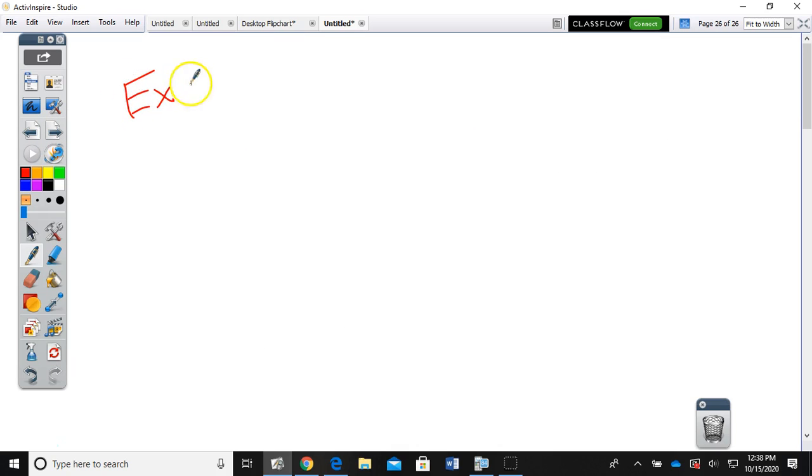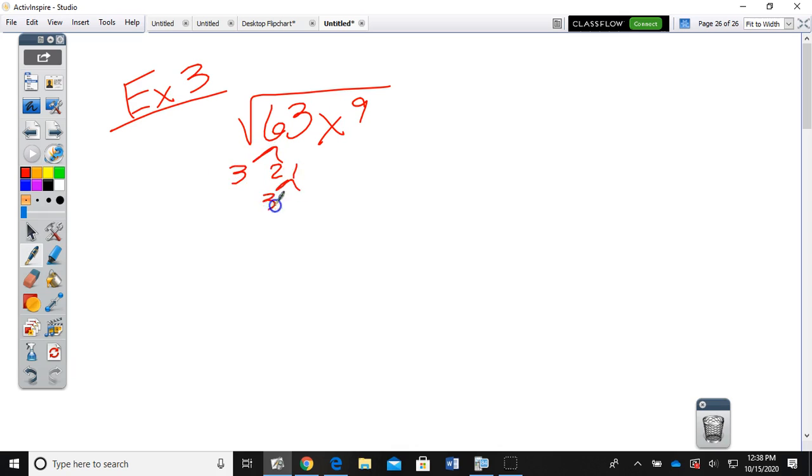Example 3. Square root of 63x to the 9th. Same thing, but now we have what? X's. So it's still 3, 21, 3, and 7.